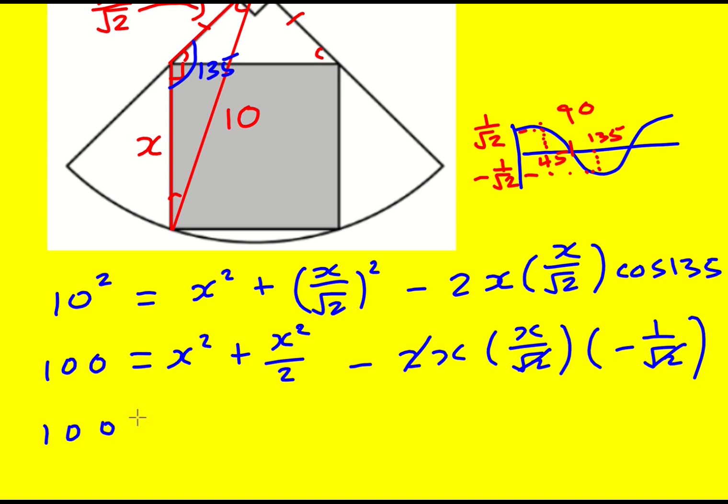And I'm going to get 100 is equal to 2x squared... this is going to be 5x squared over 2. And then I'm again going to rearrange this. X squared, I'm going to get 200 divided by 5. I'm going to get 40.